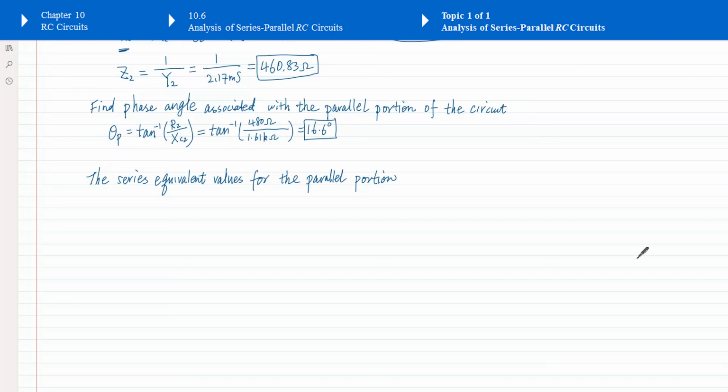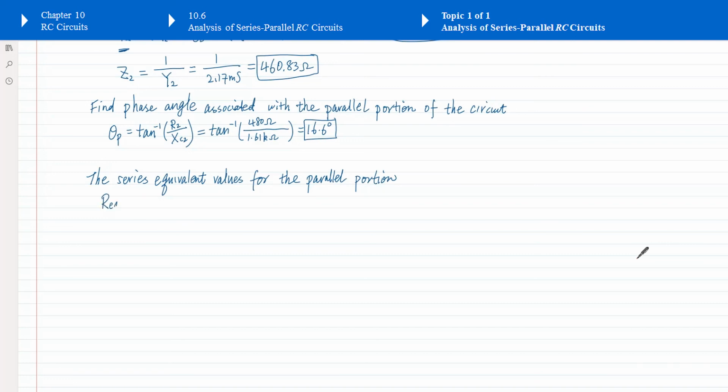Since we combine that capacitor and resistor into a single quantity, and it is in series with resistor R1 and capacitor C1, we need to find the resistive component and also the capacitive component. So don't forget this step. This is a very important but easily forgotten step.